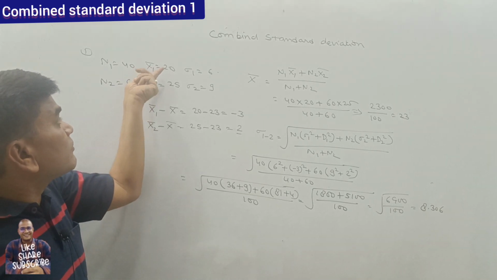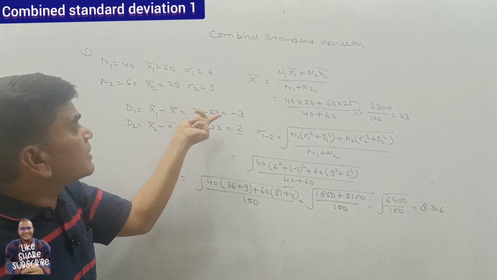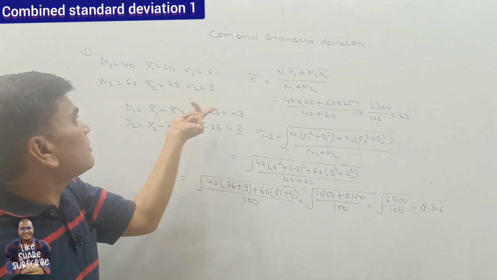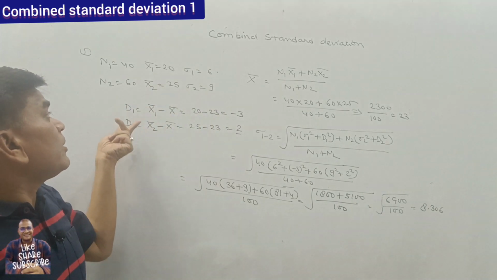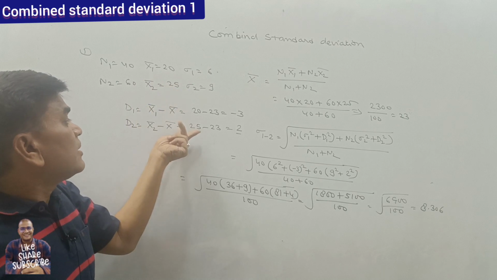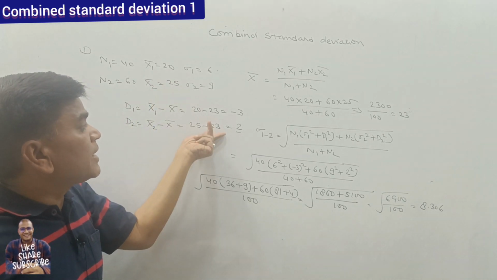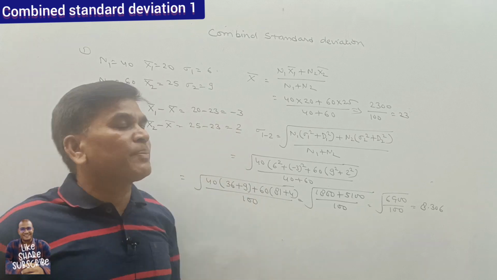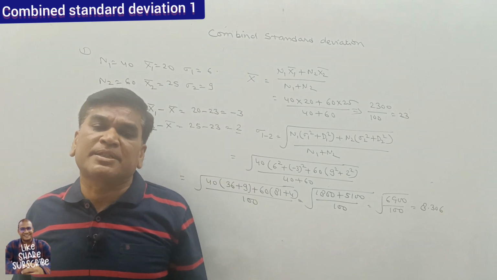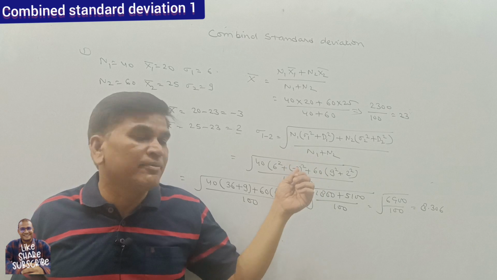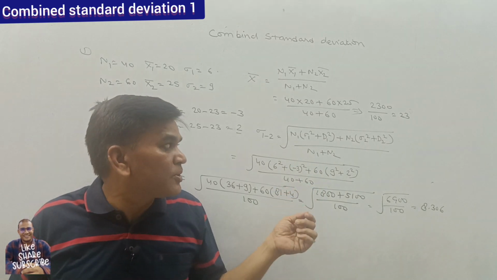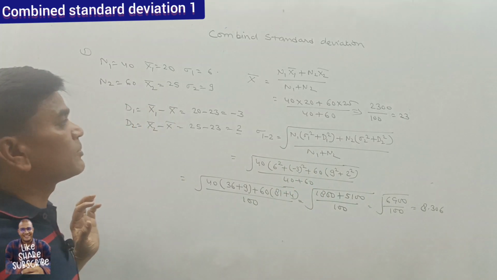For d1, the arithmetic mean of the first minus the combined mean. For d2, the arithmetic mean of the second series minus the combined mean. Then we apply the formula: n1 standard deviation 1 square plus d1 square plus n2 standard deviation 2 square plus d2 square, divided by n1 plus n2.